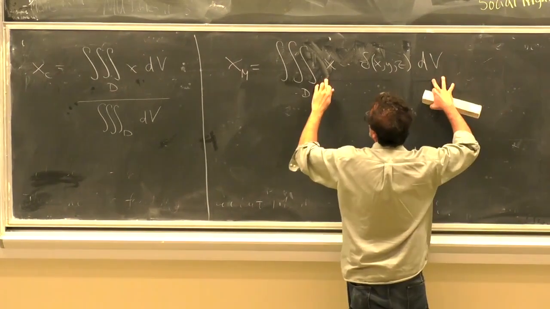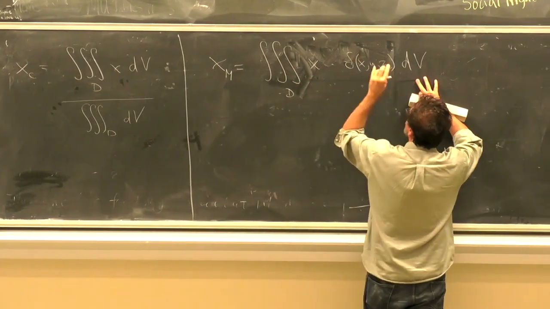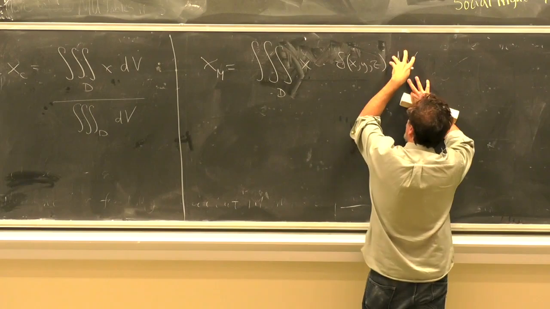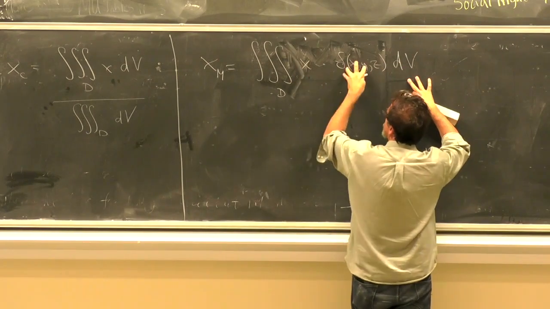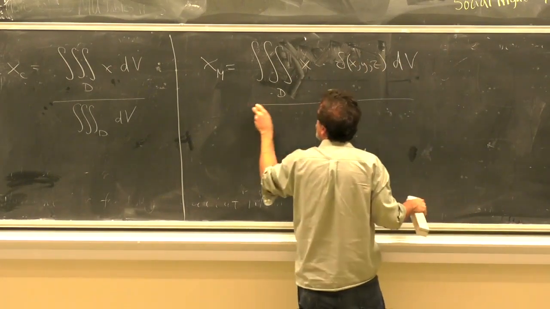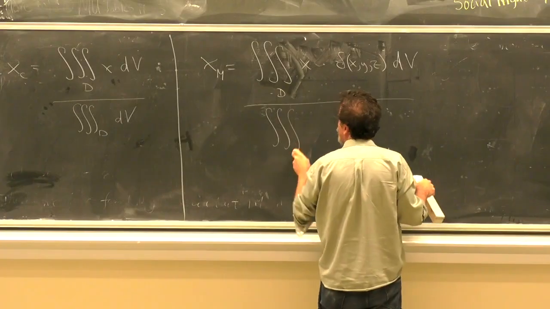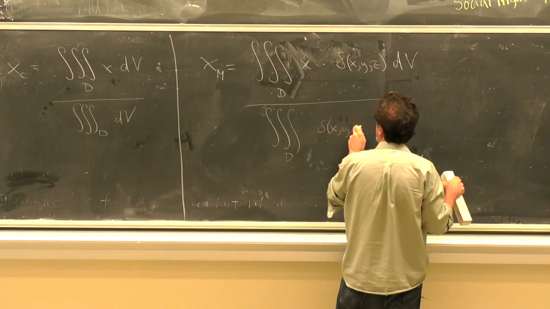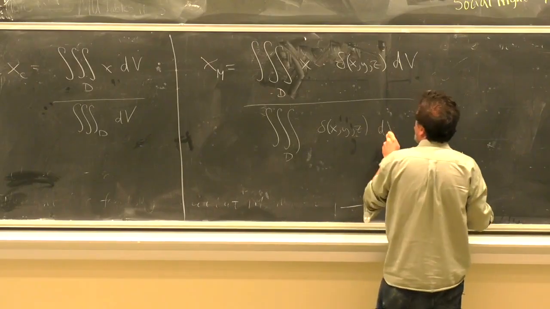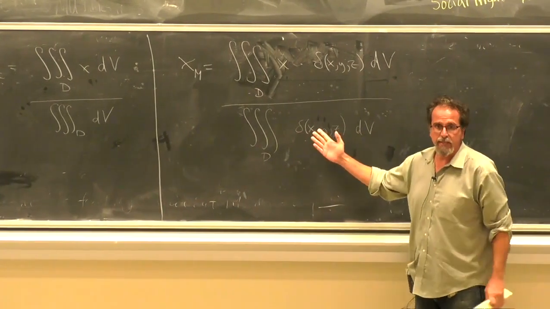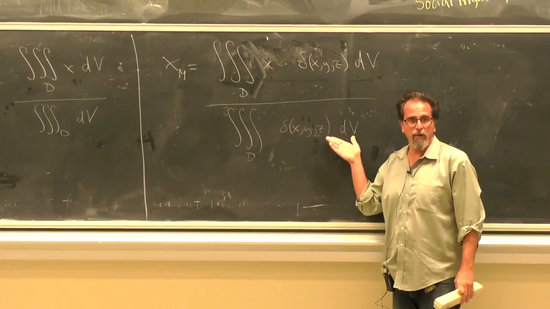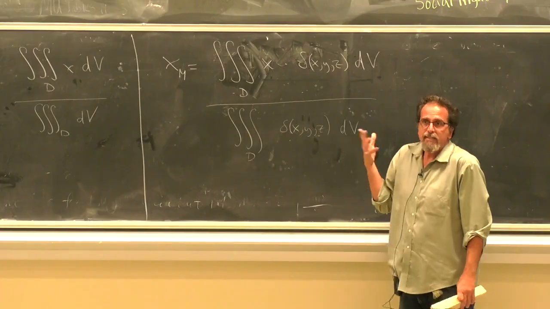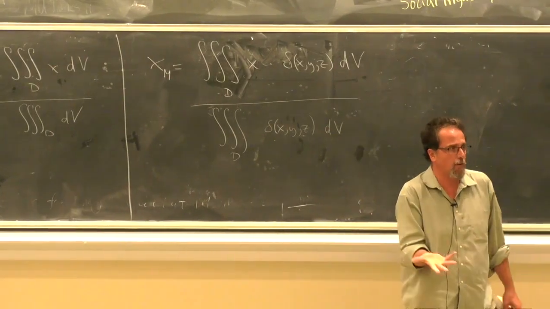Notice that this numerator has units length times mass per volume times volume. So that's length times mass. And you would divide it by the triple integral over the domain of the density as a function of x, y, z, dV, where this is mass per unit volume times volume. This is the mass-weighted center of an object.